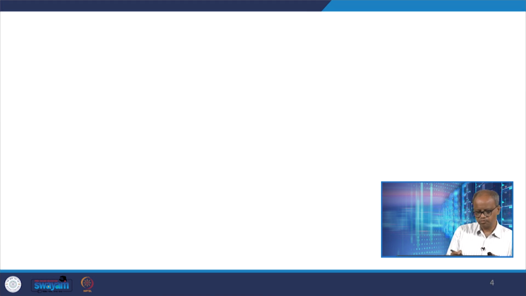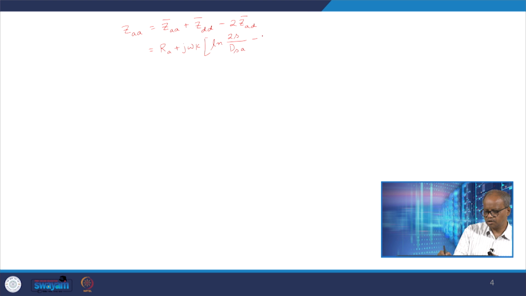So, now what we get is that ZAA is equal to ZAA plus ZDD minus twice ZAD, right. ZAA is given by RA plus j omega k log twice S by DSA minus 1.